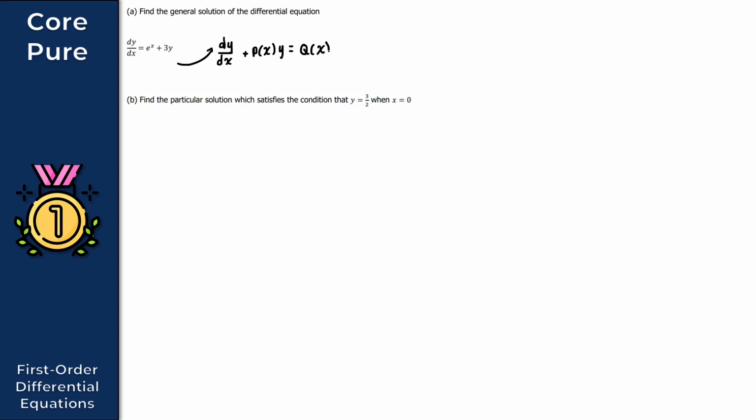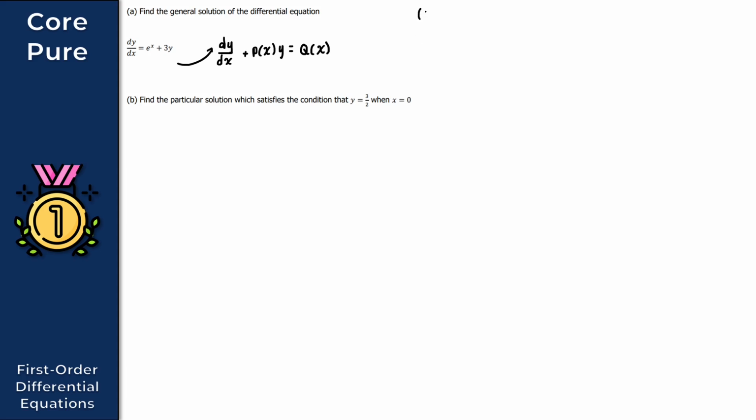Clearly, the given differential equation is not of the correct form, so we need to do a little bit of rearranging to get it into the correct form.